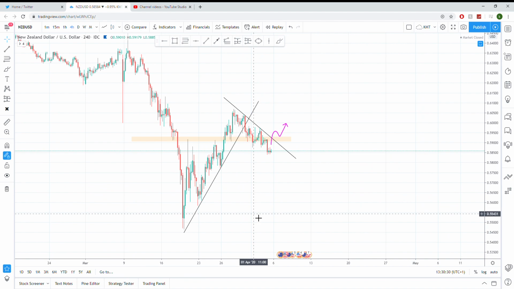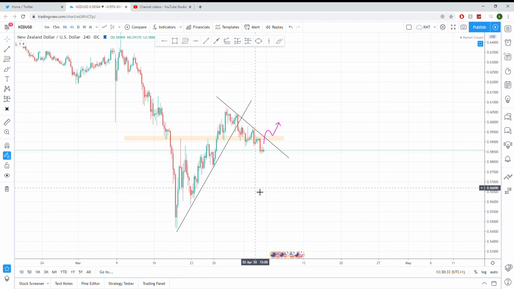So just try to focus on making your charts cleaner, and avoid all the mess with drawings. Just try to keep it very simple and neat. That's what I try to aim for. Okay.